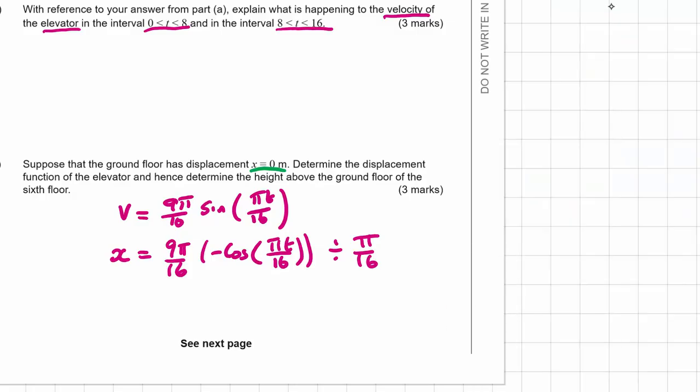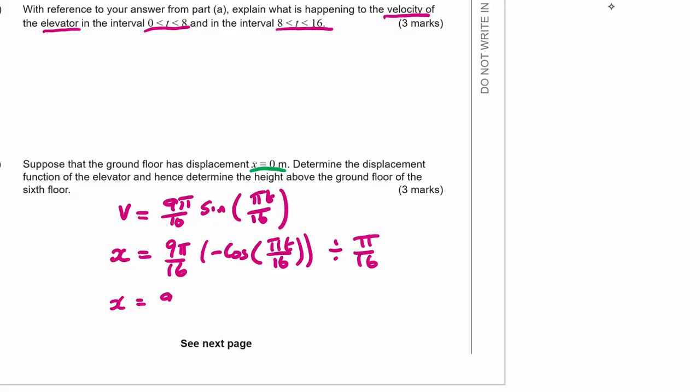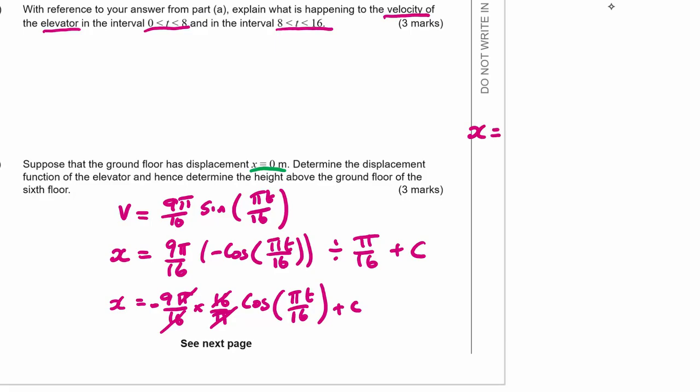So that's going to be 9 pi by 16 times 16 over pi. Bring the negative there, and then we've got cos pi t over 16, and of course plus a constant. So those pi's are going to cancel, the 16s are going to cancel. So x is going to be negative 9 cos pi t on 16 plus constant.